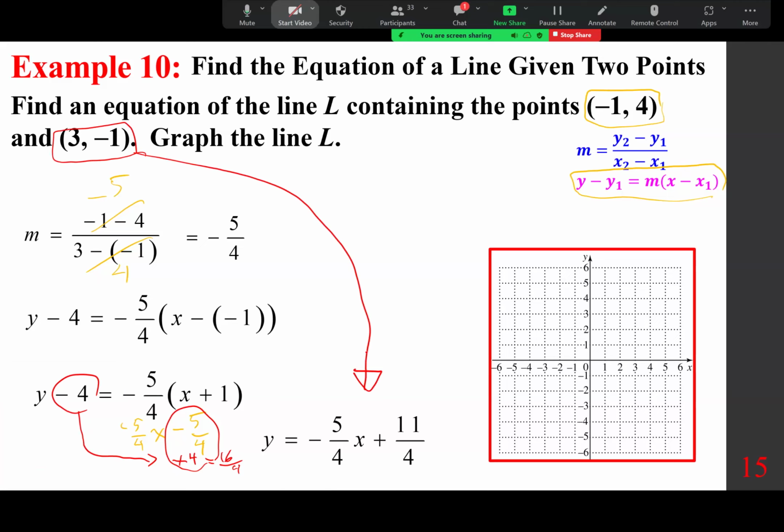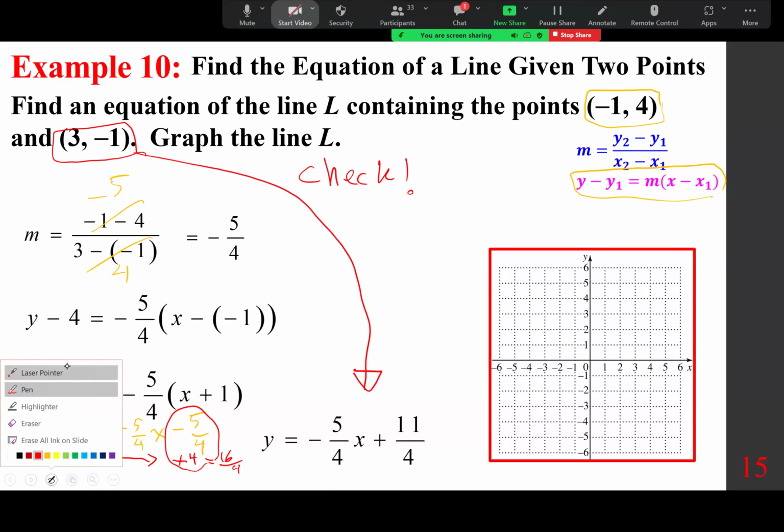Okay, so you must check, and you should check with the other point. So if I put 3 here, I get 3 times -5, -15 over 4 plus 11 over 4, which is -4 over 4, or -1. So let me quickly show you.